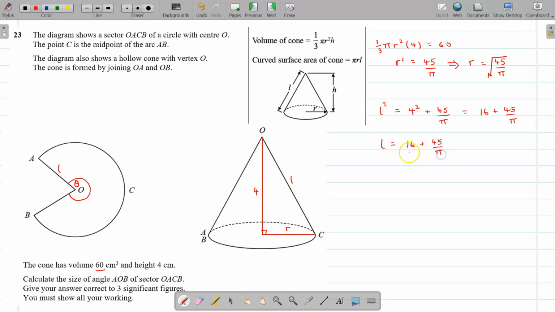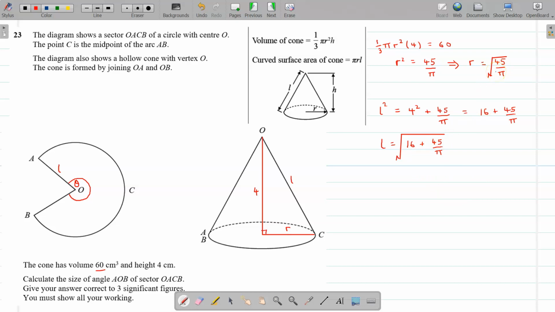And I need to put a square root sign around all of that, so I'll just do that across the top and finish off the square root sign. So, quite a complicated looking expression for L and for R.